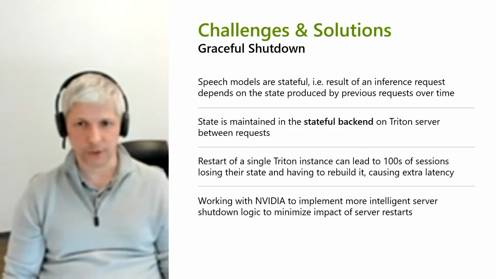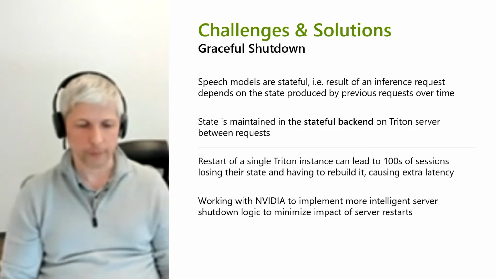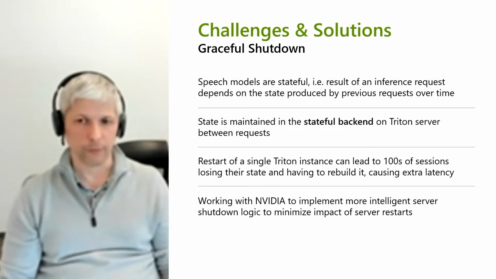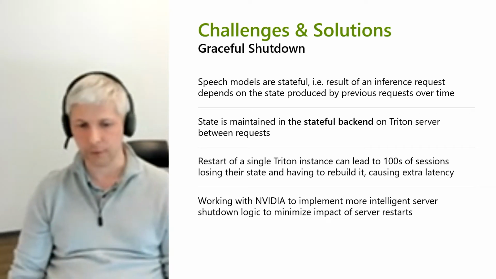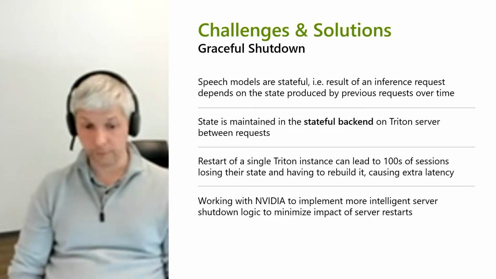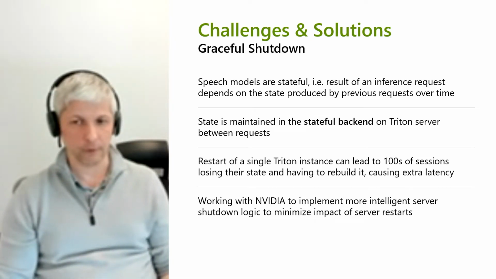So if it gets shut down at an unfortunate moment, all these meetings are going to lose their state. They're going to have to rebuild it, and that will introduce several seconds at least of latency, which we really don't want. So to resolve this, we worked with the NVIDIA development team.